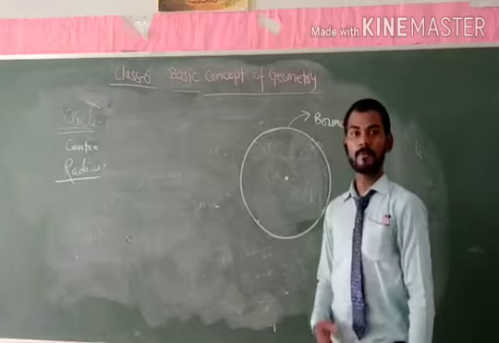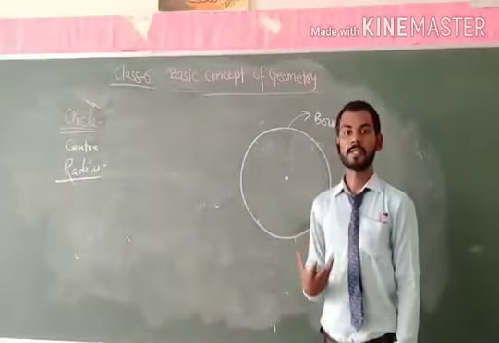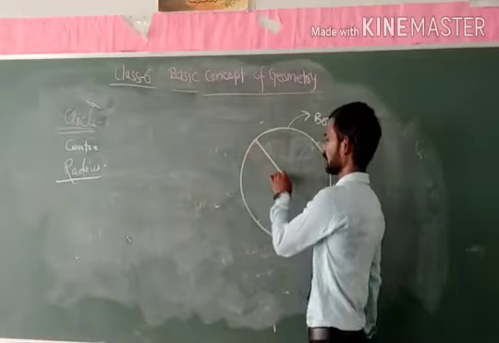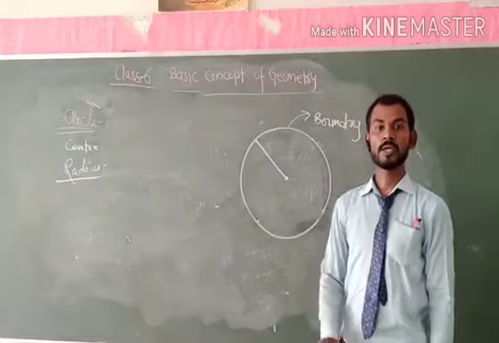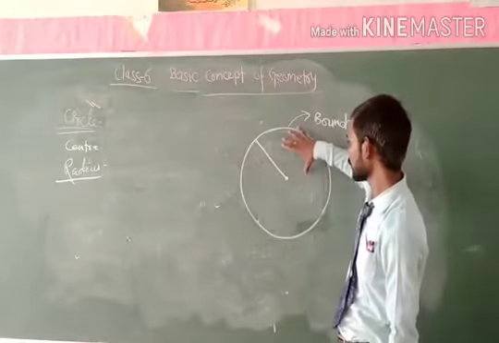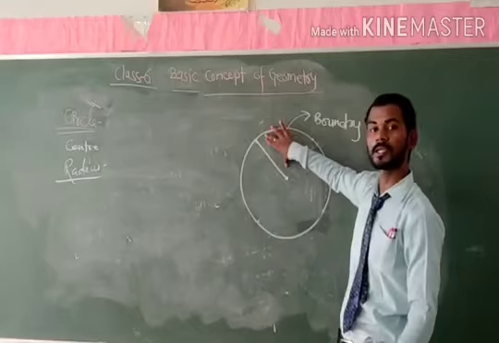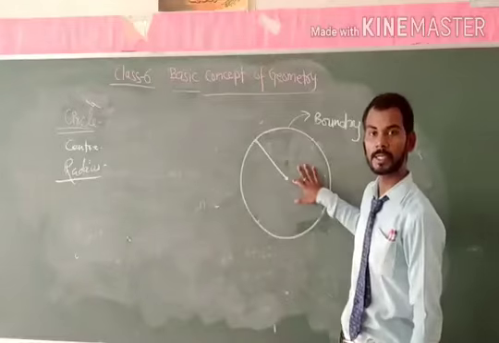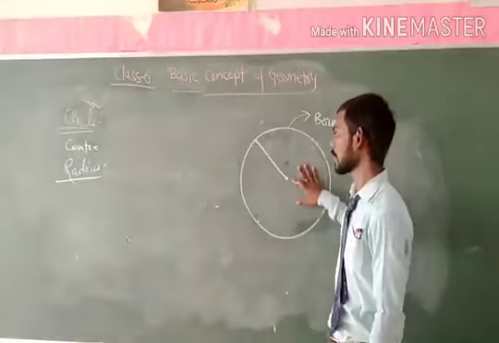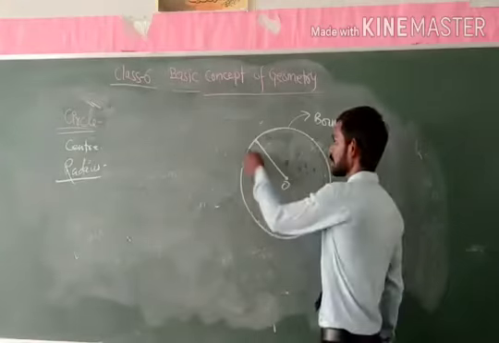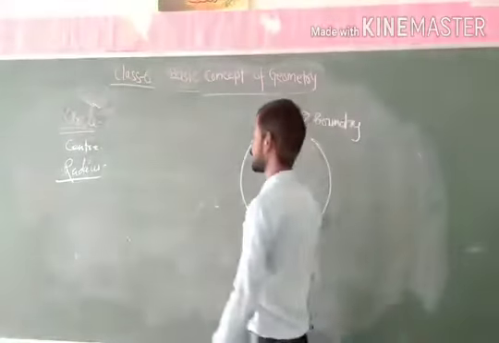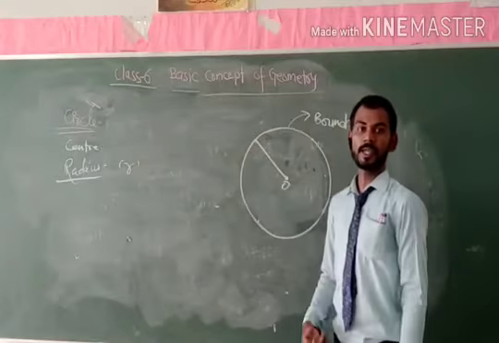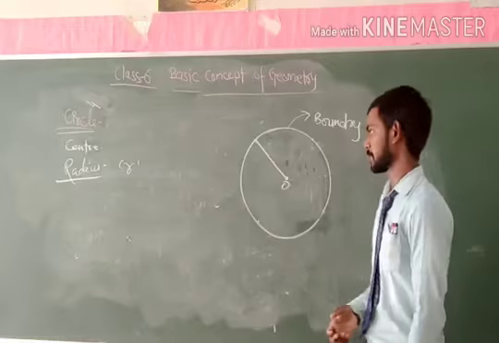The radius of a circle is the distance from its boundary to the center. The distance from the boundary to the center is called the radius. Generally, the radius is represented by the letter R. R represents the radius of the circle.